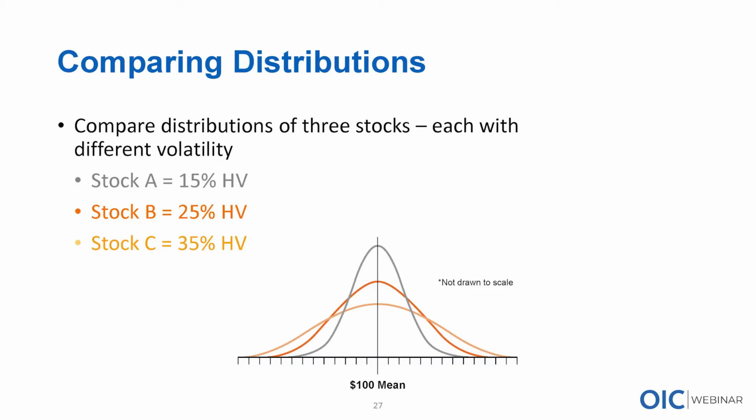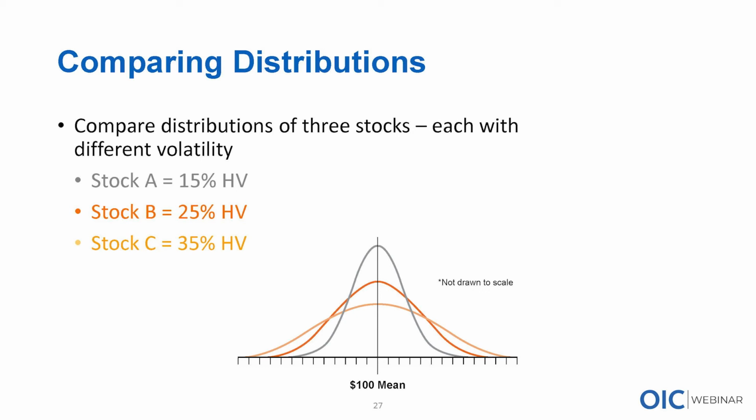So let's look at some distributions. Now we've got three stocks: stock A, stock B, and stock C. Each one has a different historical volatility. Stock A has a 15% historical volatility, stock B has a 25% historical volatility, and stock C has a 35% historical volatility.